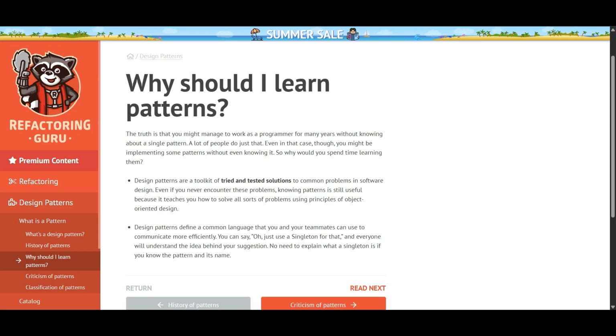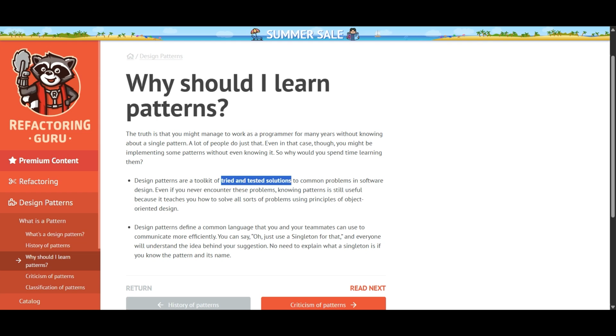But if you know them, you can solve your problems a lot easier, and you have some best practices, some toolkits that are tried and tested solutions that you can apply easily to your code, and you're not going to waste your time surfing and searching all over the internet to find something to solve your issue.